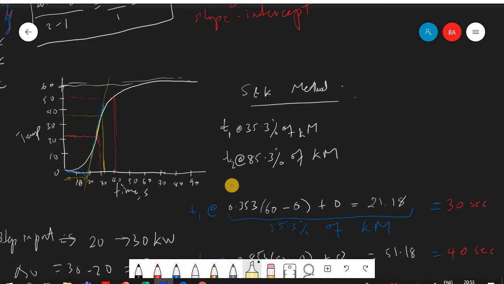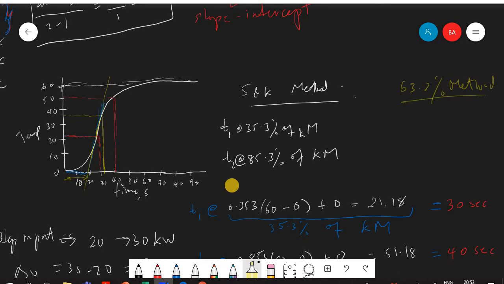So the time delay using this, the 63.2% method, the slope-intercept method, right? I'm mixing up the 63.2% and the slope method. It's easier to use the slope-intercept without the 63.2.